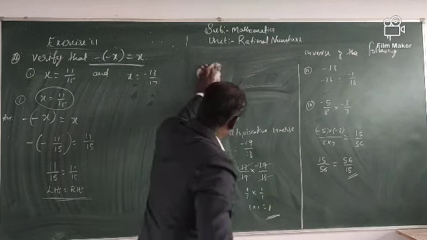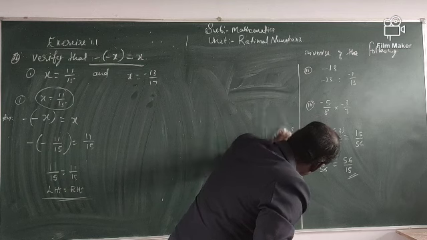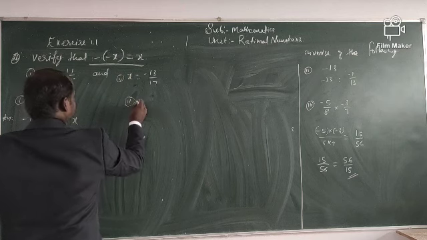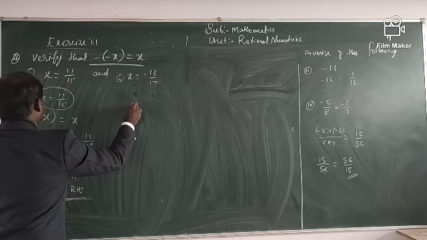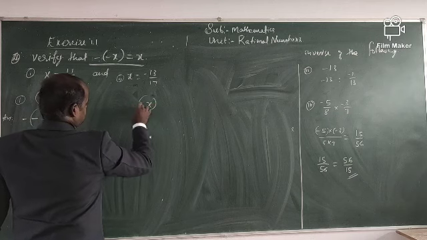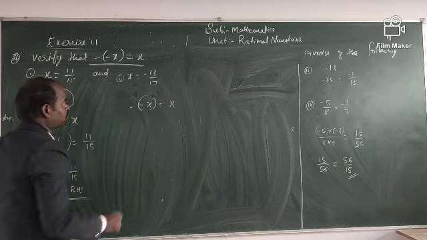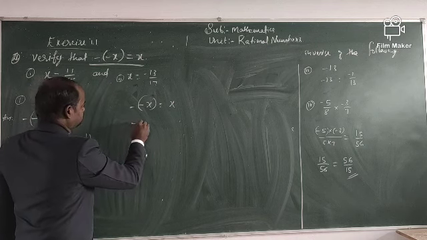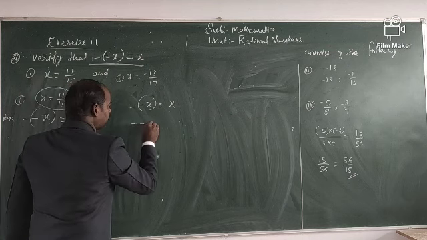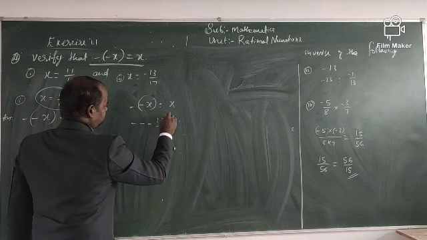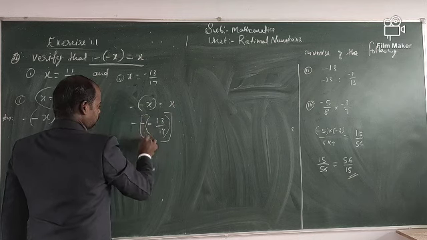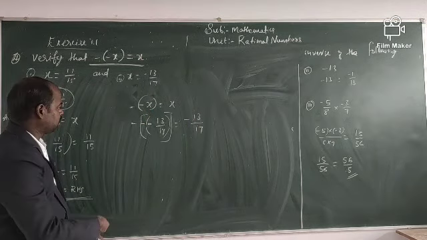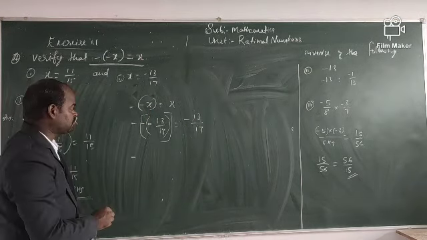The second example: minus of minus x is equal to x. What is the value of x given here? Here the given x value is minus 13 by 70. First remove the brackets one by one.